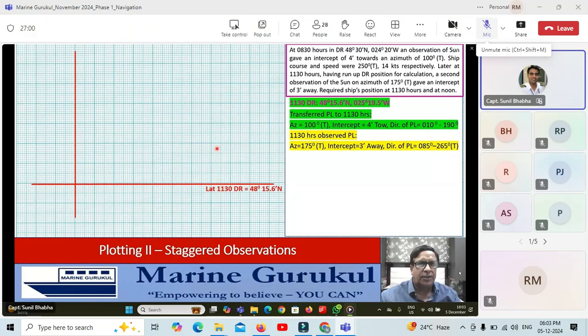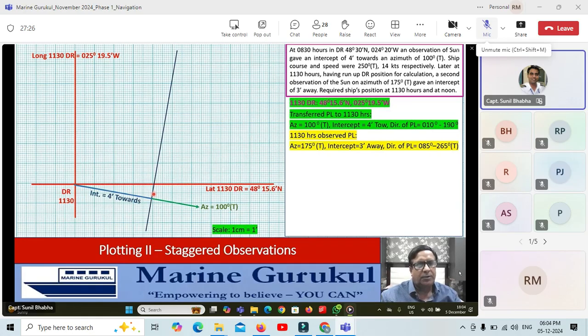You can see on your screens the DR position being identified. This is the latitude of DR, this is the longitude of DR. So let's first plot the transferred PL. We take a scale of 1 centimeter representing 1 mile. This is the azimuth of the transferred PL. We mark off this intercept, which is 4 miles towards.